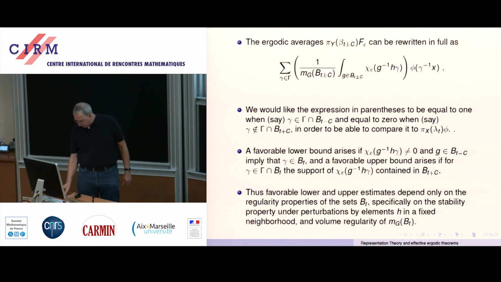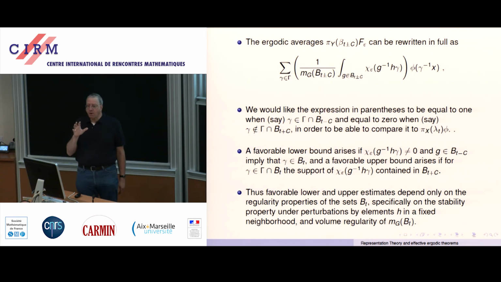And now, these favorable lower and upper estimates depend only on the regularity properties of the set BT, and specifically on the stability property under perturbations by element H in a fixed neighborhood and the volume regularity, MGBT.